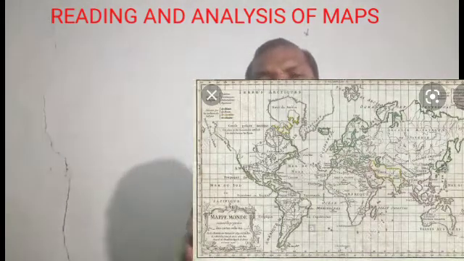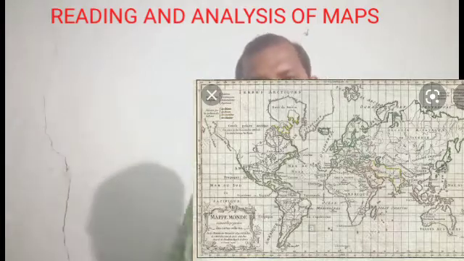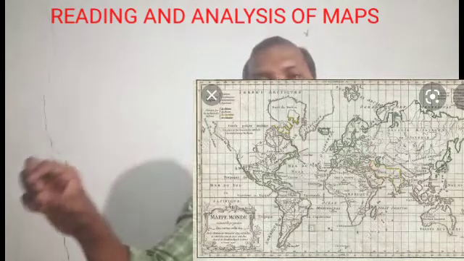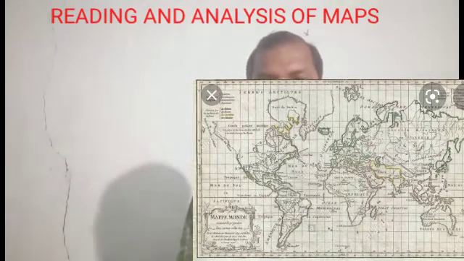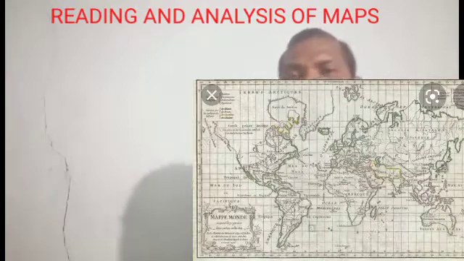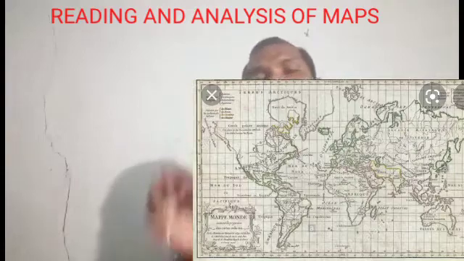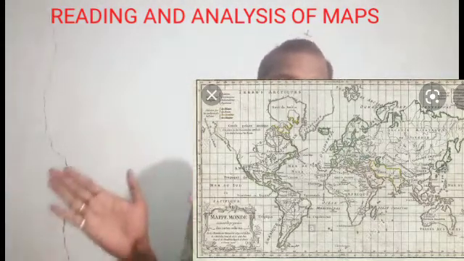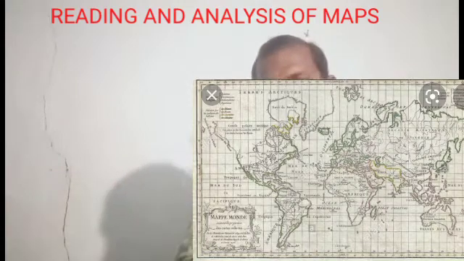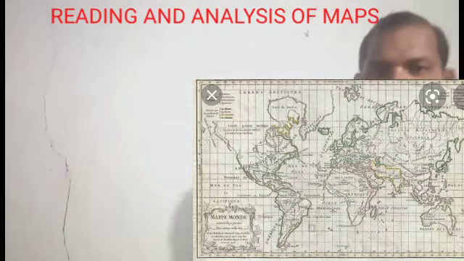But he did not show the actual distance of the continents. He was trying to show only the shape and the directions where the continents are located. That only he showed in the map.